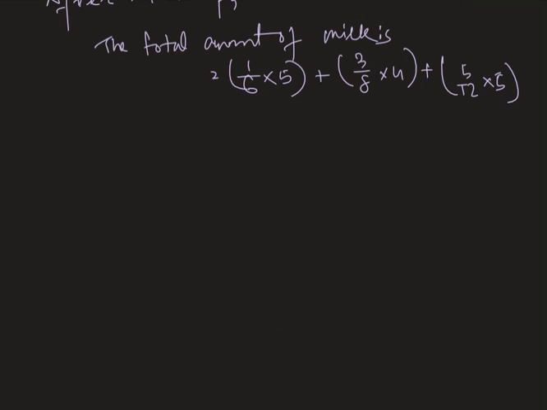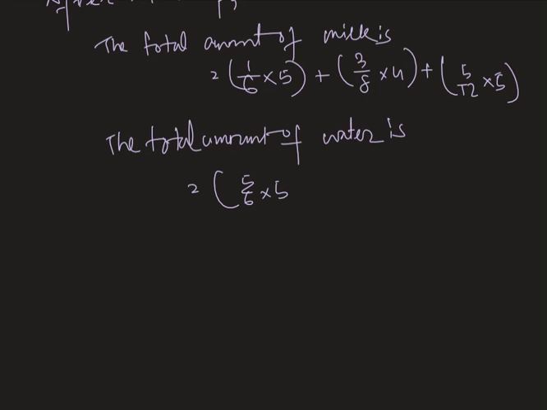Now the total amount of water is 5/6 multiplied by 5 plus 5/8 multiplied by 4 plus 7/12 multiplied by 5. Okay, now after dividing these two terms we get the required ratio.